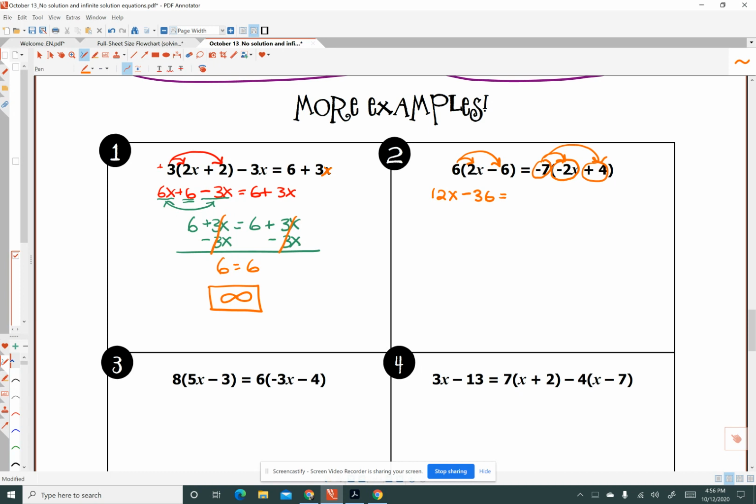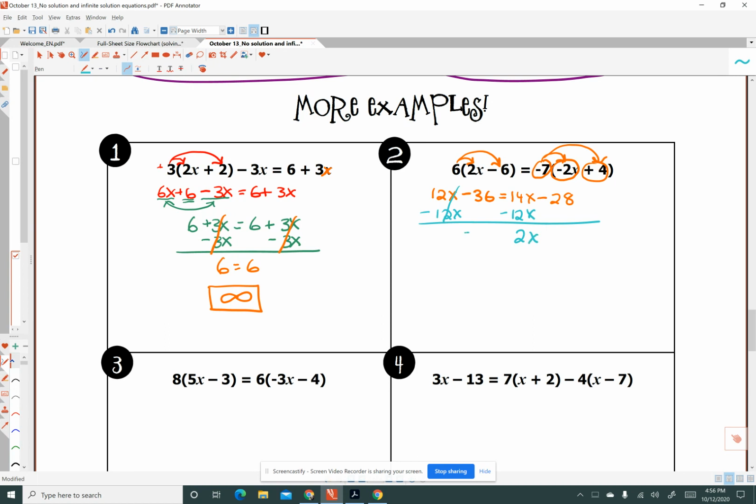So negative 7 times negative 2x is 14x. Negative 7 times positive 4 is negative 28. Now let's subtract 12x from both sides of the equation. So 14 take away 12 is 2x.